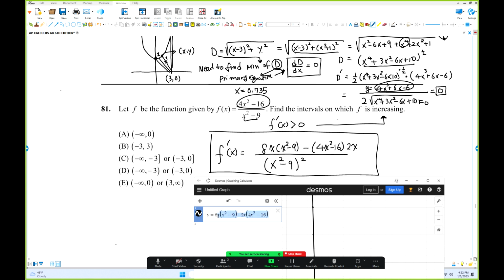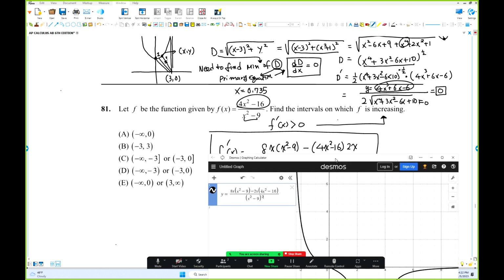And we divide everything by (x squared minus 9), parenthesis x squared minus 9, close, and squared. That's the graph. We're going to find the increasing part, right?